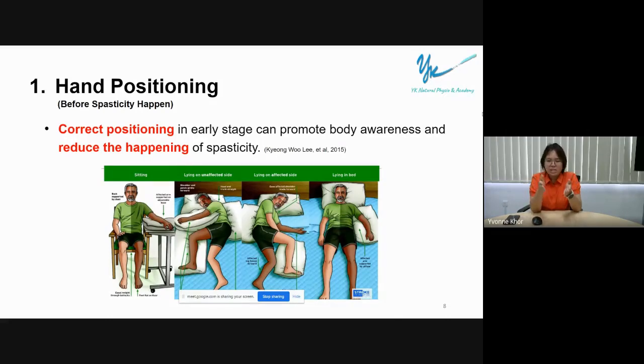And then in the second photo, you can see lying on the affected side, which gives more sense of your stroke side and reduces spasticity. Okay, from the second photo, you can also see lying on the unaffected side. It can also prevent spasticity. So you can see hand positioning is very important when the stroke is happening.